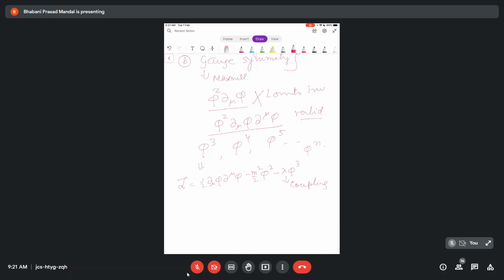If this is your Lagrangian, kinetic minus potential energy, then if you consider a Hamiltonian or a Hamiltonian density, it will be pi squared by 2, and then you will have half grad phi squared, and then half m squared phi squared plus lambda phi cubed. The Hamiltonian will be the integration over this, right?